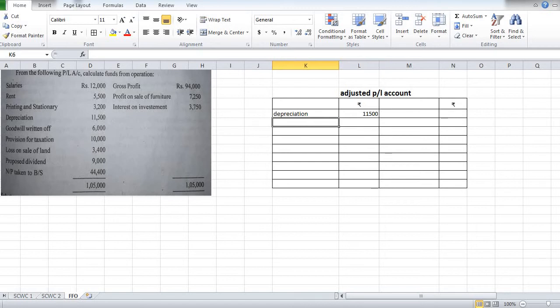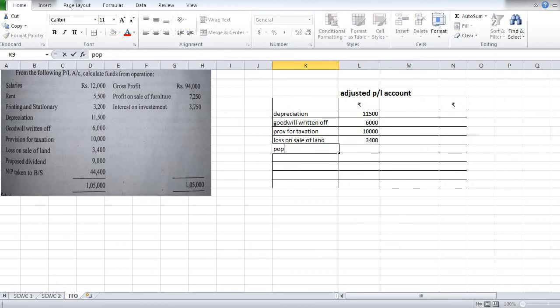Then goodwill written off, value is 6,000. Then provision for taxation, value is 10,000. This is loss on sale of land, 3,400.